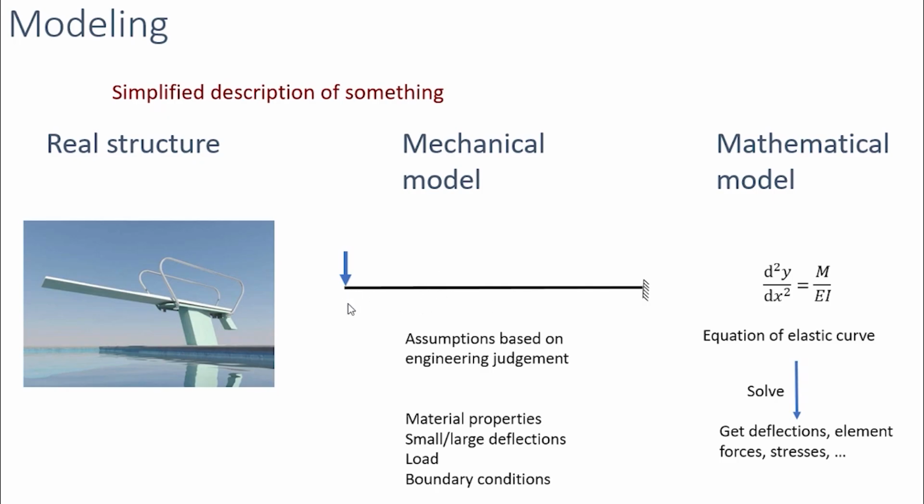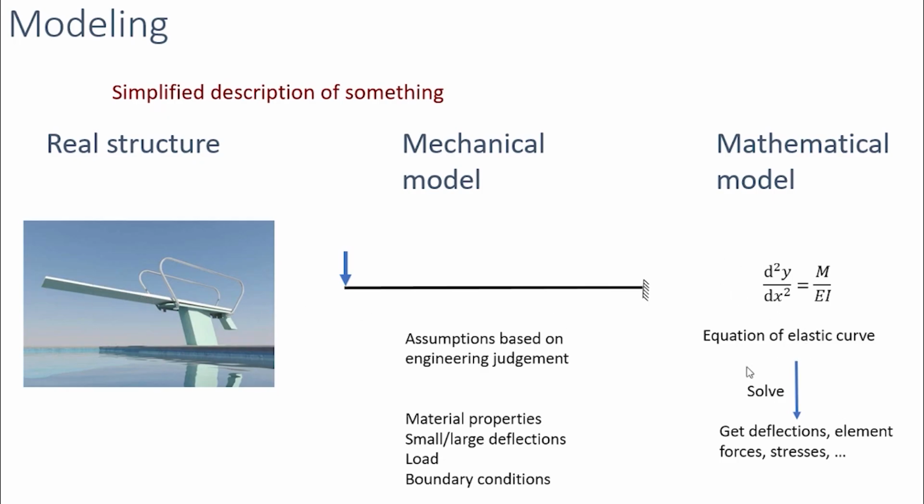And once the deflection is found out, we can calculate the stresses, strains, element forces, etc. We can calculate all those parameters and take decisions about this system. If the stresses are high, we know that this thickness is not sufficient, so we can design it better.